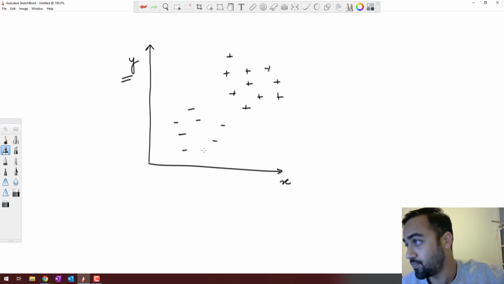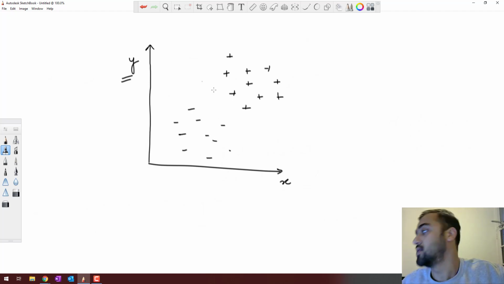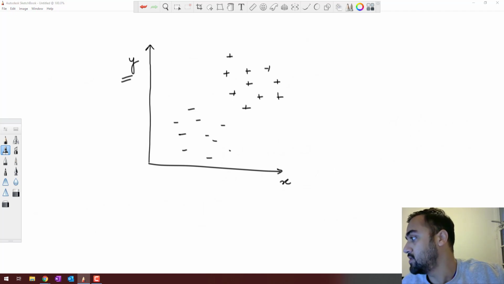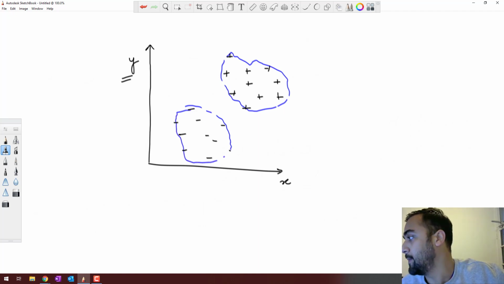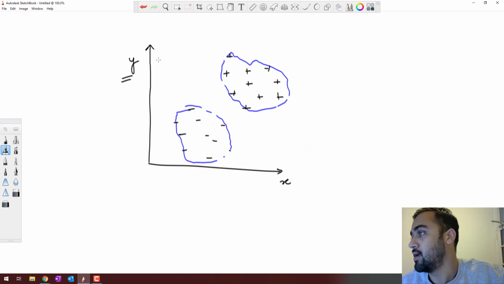So your classifier will basically distribute these two sets of data points into two different classes by building a decision boundary between them, right?